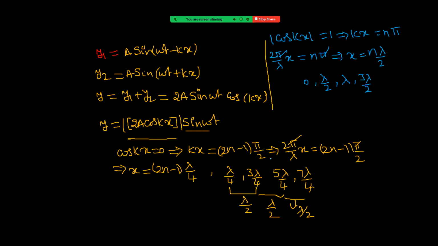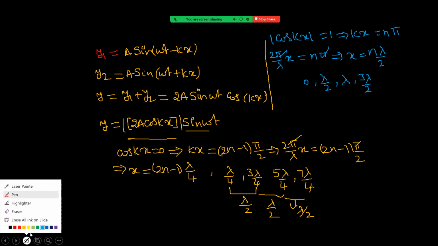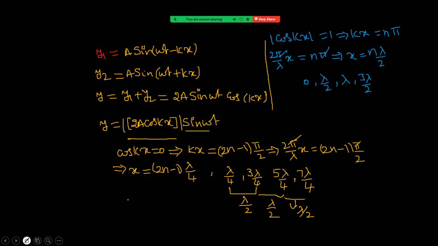That means, I will write here by taking different color, first x equal to 0, it is antinode. Next one x is lambda by 4, node. Lambda by 2, antinode.